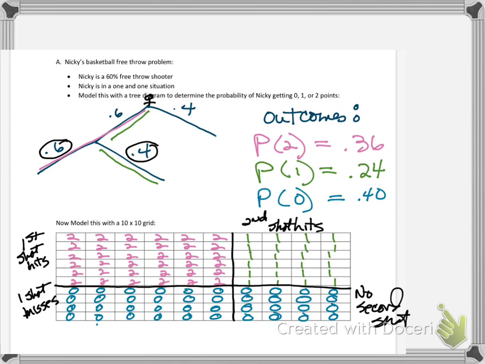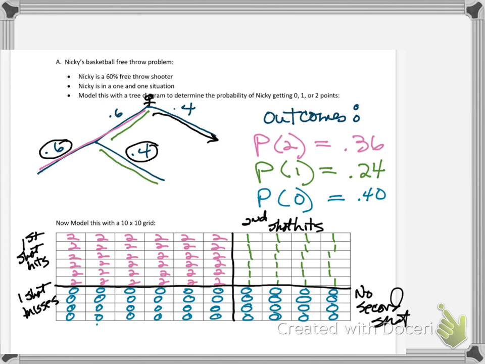As you go down the tree, you're multiplying the probabilities. So the probability of her earning only 1 point is 0.24. The probability of her earning 0 points happens when she takes the first shot and misses, and that happens 40% of the time. So the probability of 0 is 0.4, which is 40%.